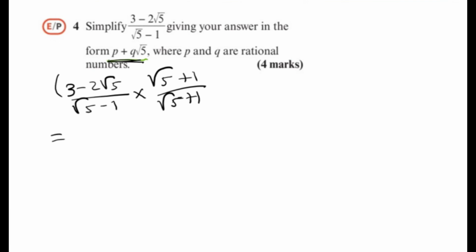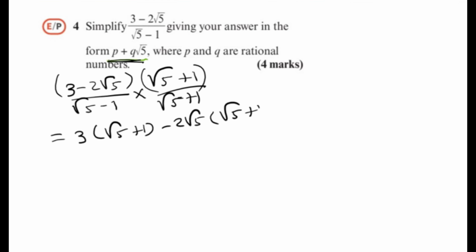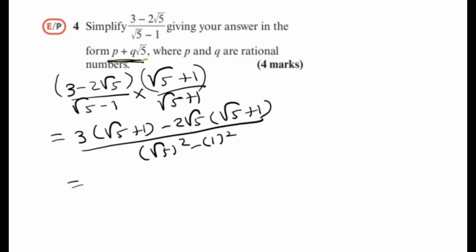So again, expand this by multiplying. 3 into root 5 plus 1, and minus 2 root 5 plus 1, over root 5 squared minus 1 squared.